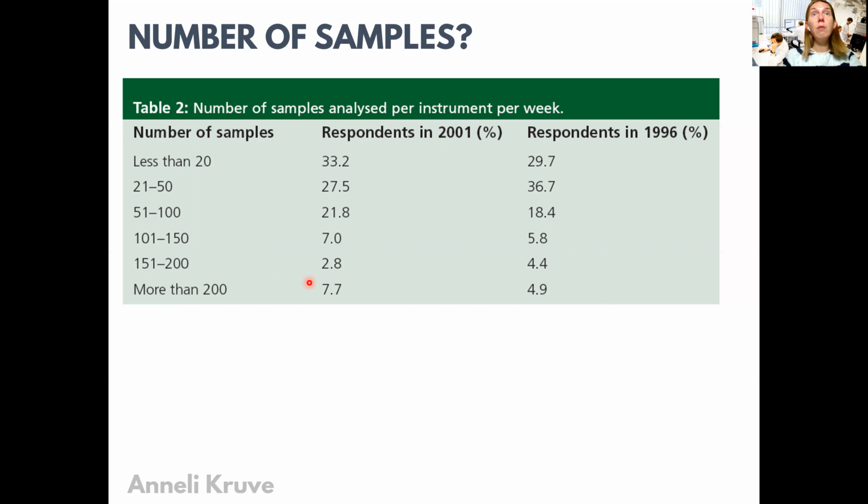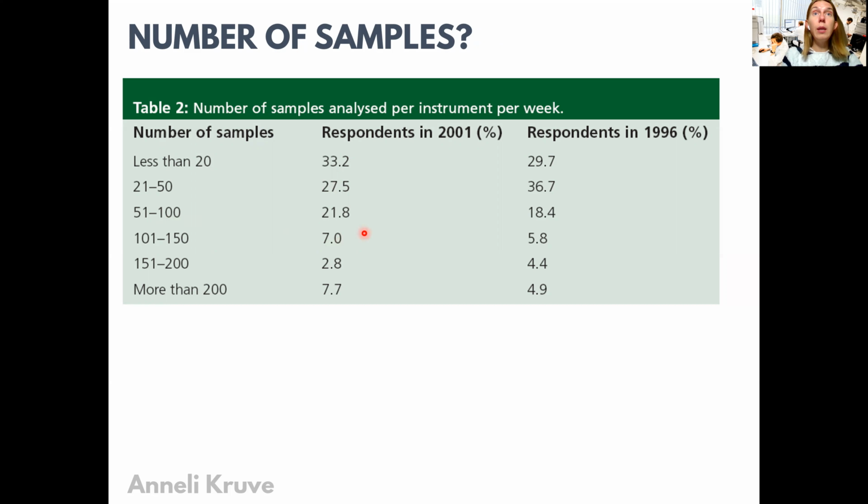But what we could see here is that each of these percentages indicates how large a percentage of the persons who responded to this questionnaire had a number of samples in this range. So actually in 2001, still a fairly large number of labs had somewhere between less than 20 to 50 samples. So the majority of the labs belong to this category.